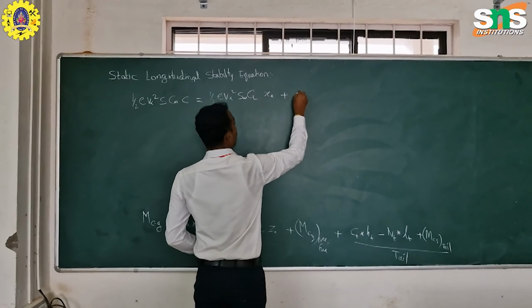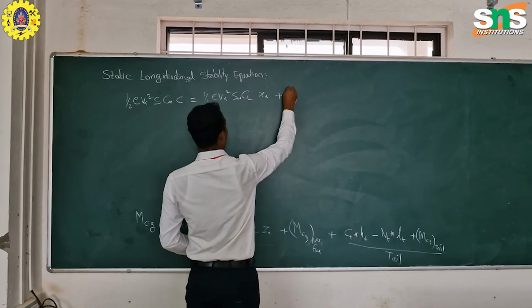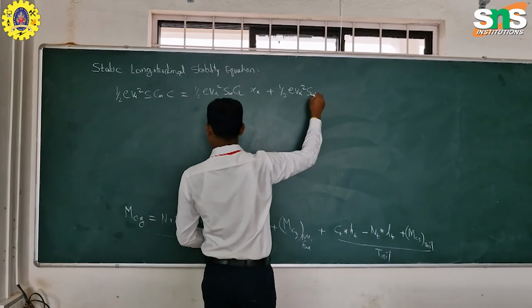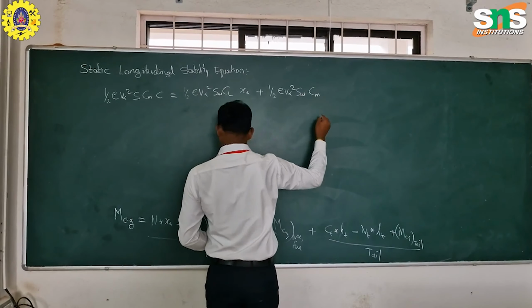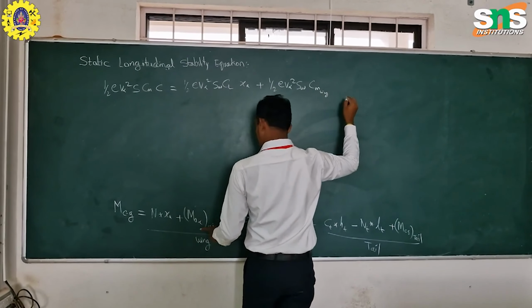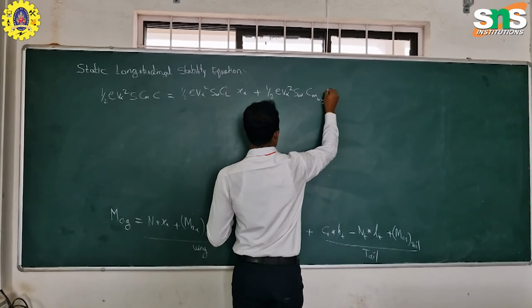Plus this is a portion of moment for the wing: half rho v square SW CM for wing into the chord of wing.